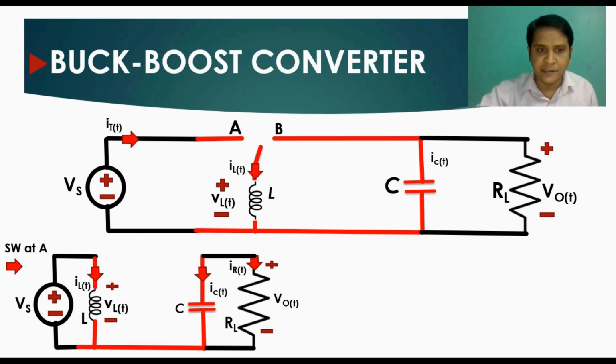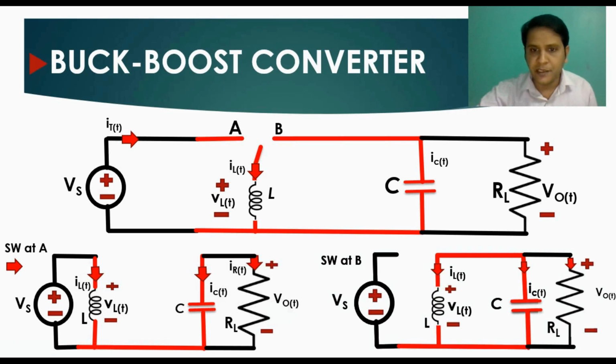And at the same time, this capacitor delivers energy to the load. So this is the load resistance, right? So current across inductor is iL(t), voltage across inductor is vL(t), current across capacitor is iC(t), and the load current is iR(t). Then we have vO(t), that is load voltage, right?